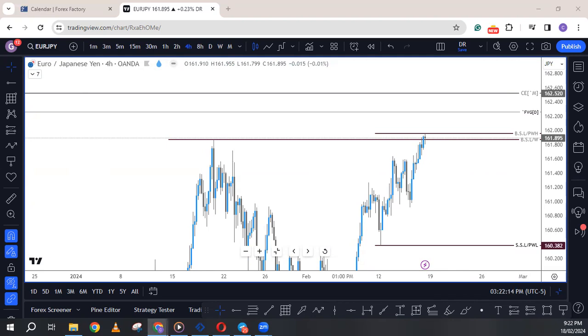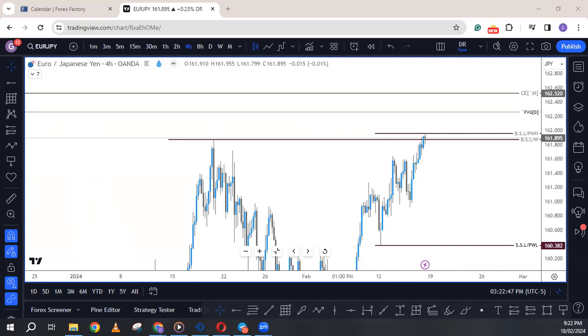Over the weekend, I think by Thursday, Friday, the news of Britain entering into a technical recession came on, and I observed that GBP started losing value, especially against currencies like USD and CAD.